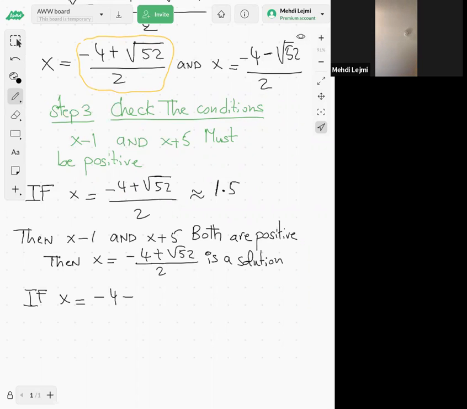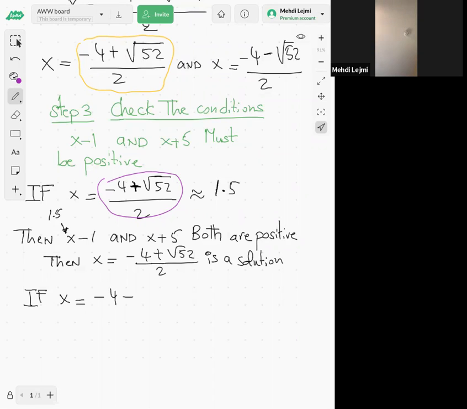I am saying that this x with the plus square root of 52 is approximately 1.5.